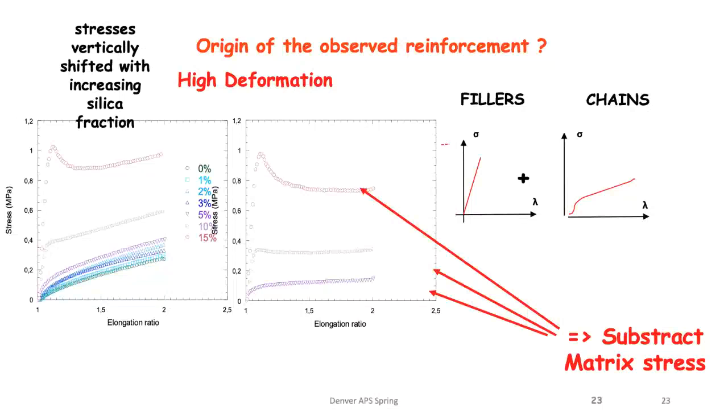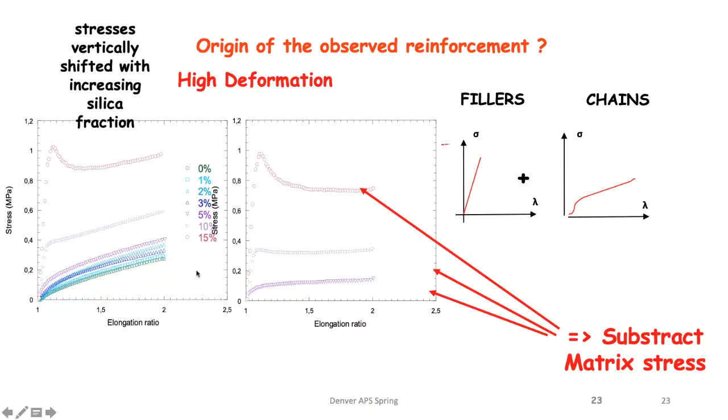So this led us to propose that the stress strain curves are made more or less of two contributions. One is the contribution of the chain, which is more or less always the same. You can see here the green one, and with the different symbols, all these contributions are parallel to each other. Meanwhile, at small elongation ratio, you have a very different first increase.